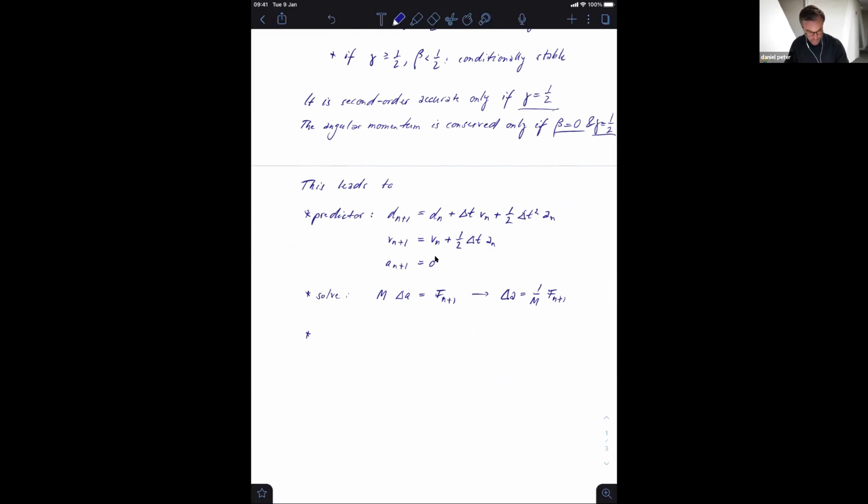And then comes the corrector step. And here we have now the correction step for acceleration would be the acceleration n+1 plus this acceleration corrector, delta A. The velocity uses our prediction for n+1 plus this additional term 1/2 delta t a n+1.